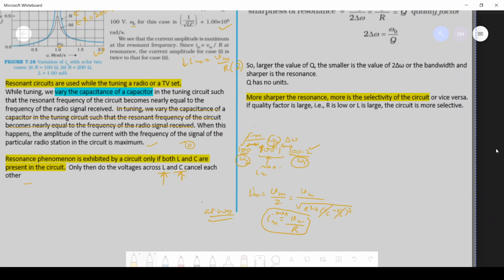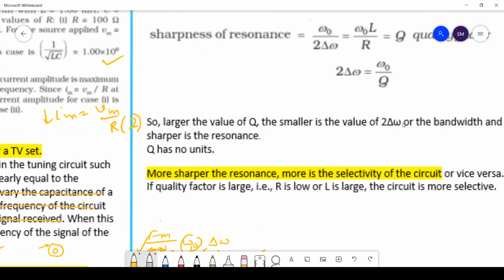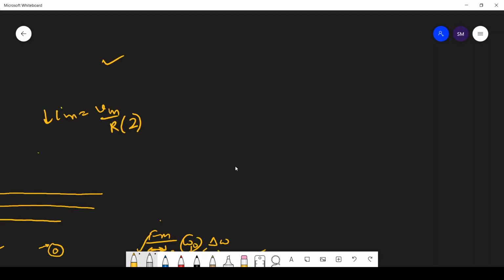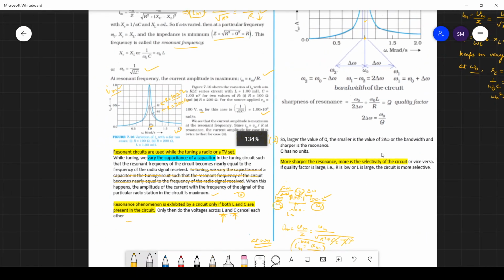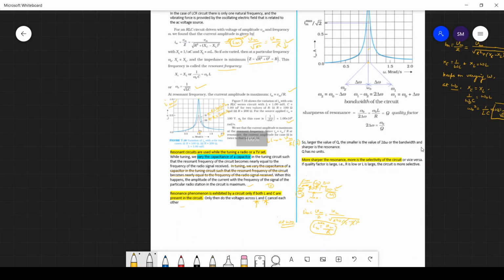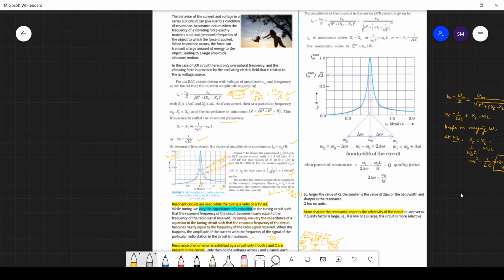Now we have sharpness of resonance. So let us see what sharpness of resonance is.